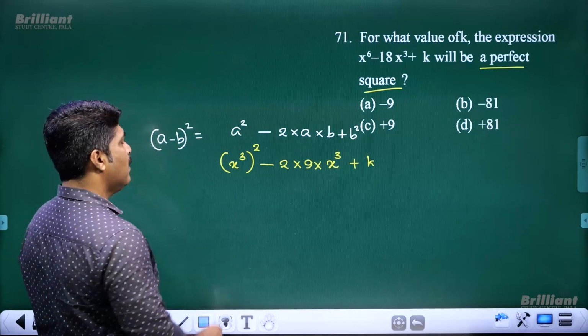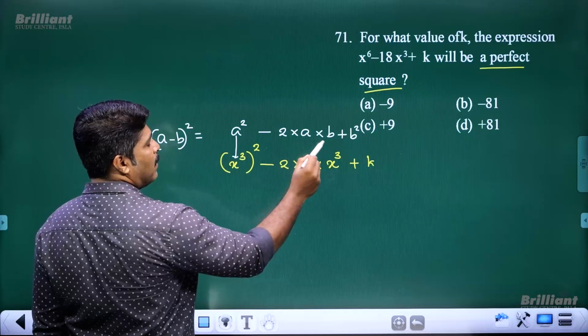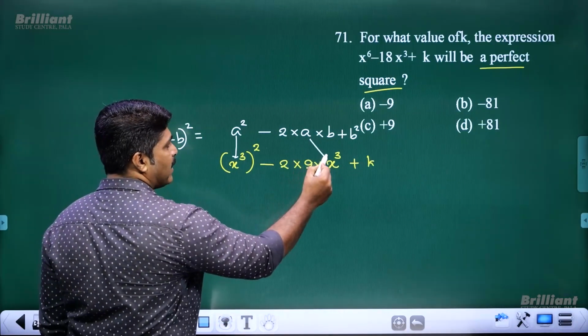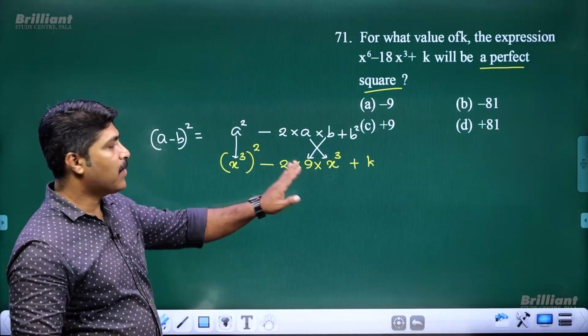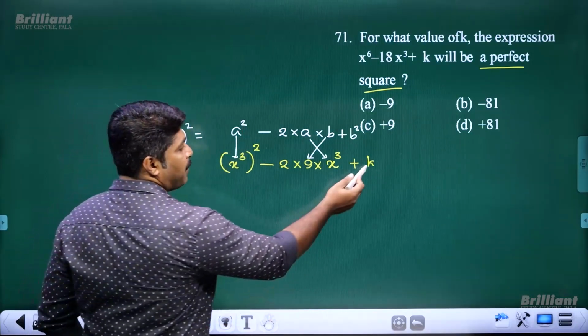Think about it here. A is x cube, and in this case 2 times 9 times x cube, so b is equal to 9. Therefore, what could be the value of k?